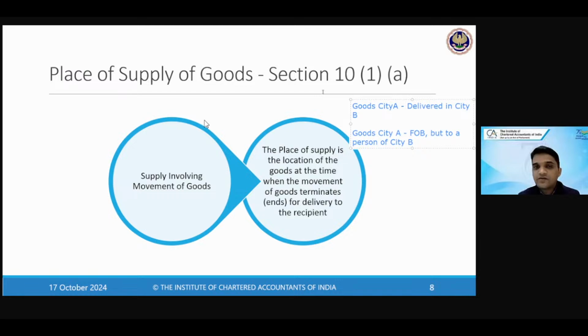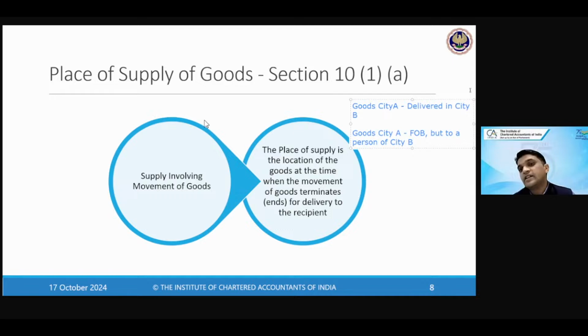So in case of ex works, your place of supply will not be city B. Your place of supply will be city A itself, because your responsibility was to give the goods at the factory gate and it is the customer's responsibility to collect and get it delivered. So in such case, the place of supply will be city A itself. It will not become city B.